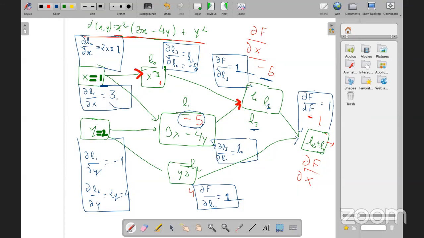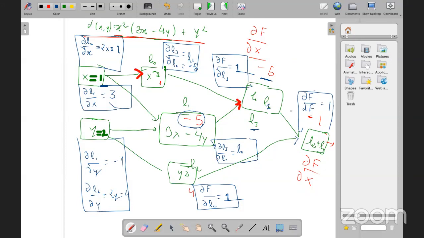Okay, now we want to calculate. This was just a single pass from the last output to the back part. And now let us see what is the derivative of f with respect to x. So just see this part. This is df by dl3. This is dl3 by dl naught. This is dl naught by dx.